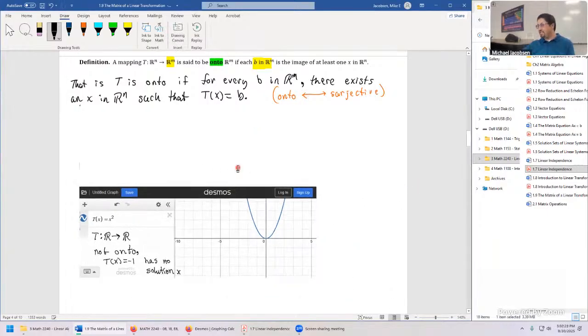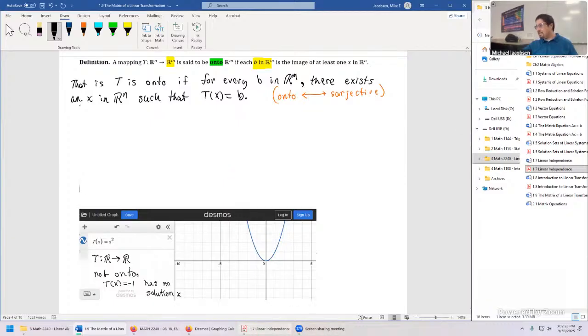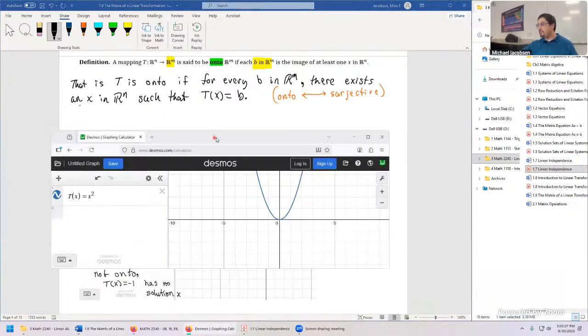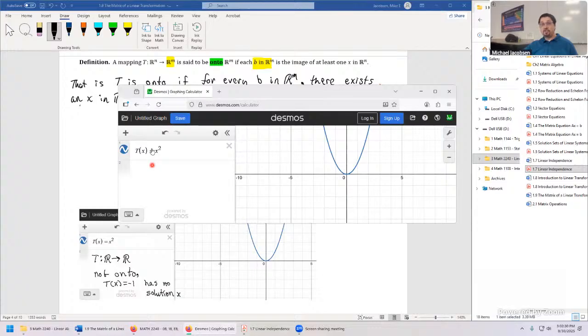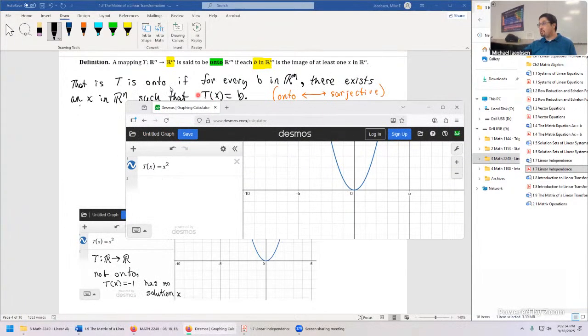Let me shrink that down and take the same exact graph. The key thing about functions is that in order to define a function, you have to say how it maps every element of the domain, but specifying the domain and the codomain is part of the definition of the function. So if I write it this way, T maps R to 0 to infinity.